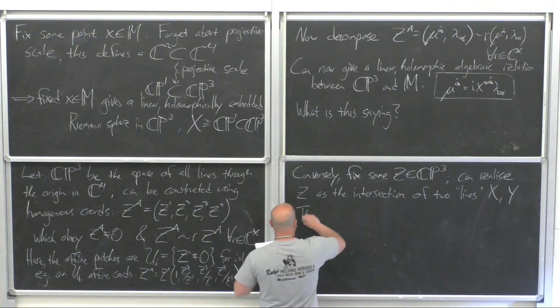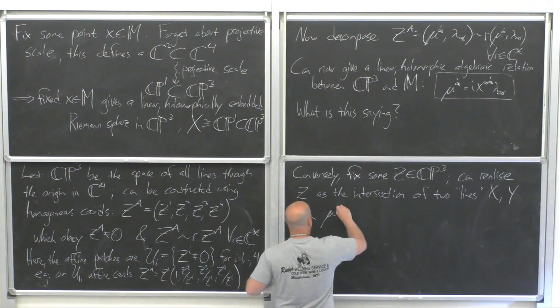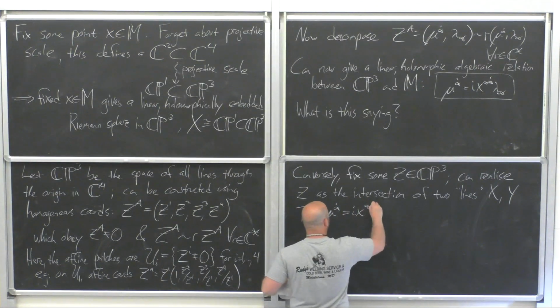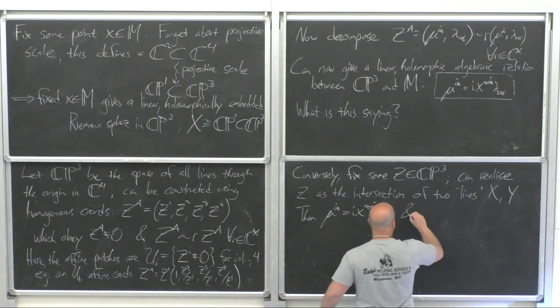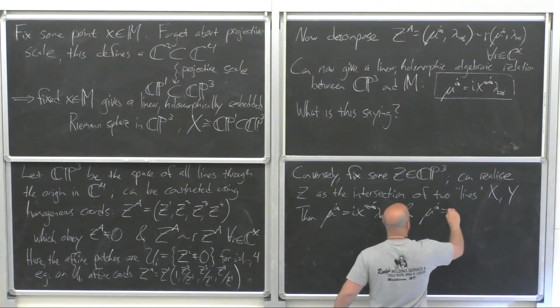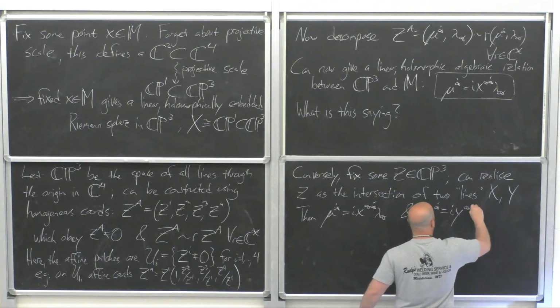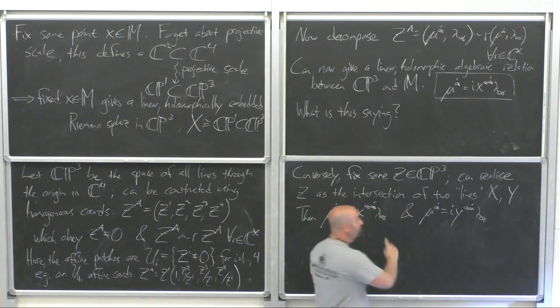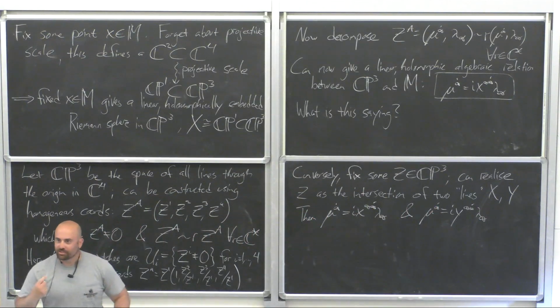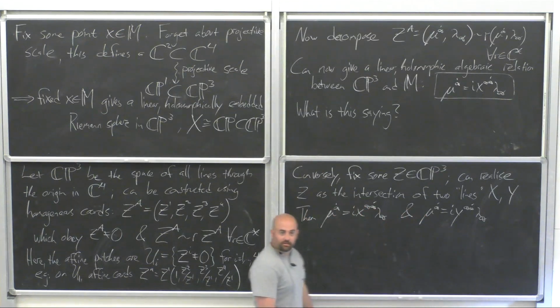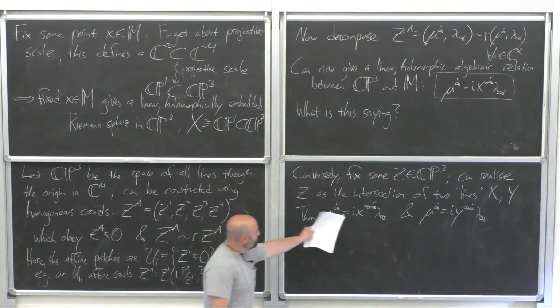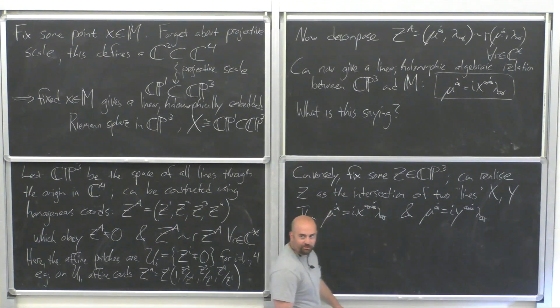So that means that I have mu alpha dot is equal to i X alpha alpha dot lambda alpha, and mu alpha dot is equal to i Y alpha alpha dot lambda alpha, where X and Y are the points in complexified Minkowski space corresponding to these two lines. Okay? So then I can subtract one of these equations from the other.